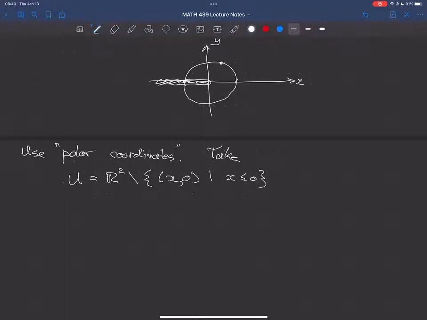That's just like I did in the picture here, removing that bit. Then I need to choose my chart map phi.